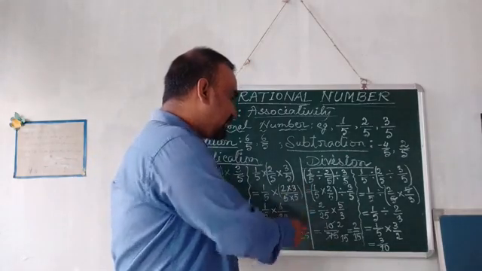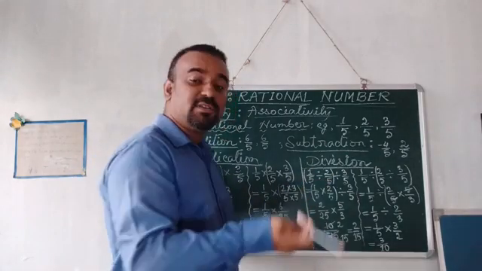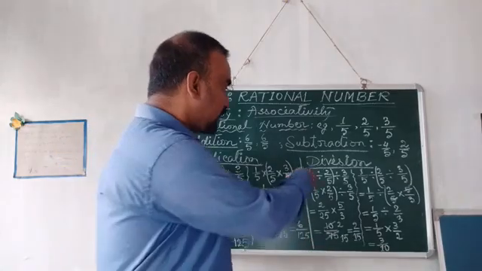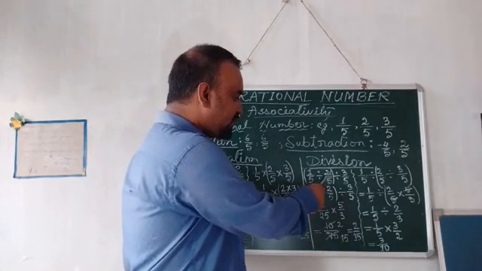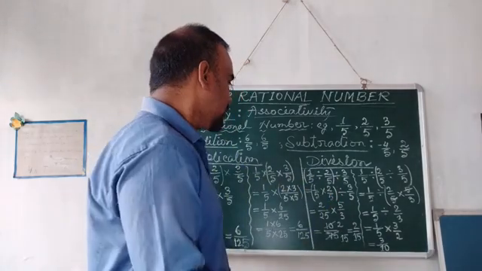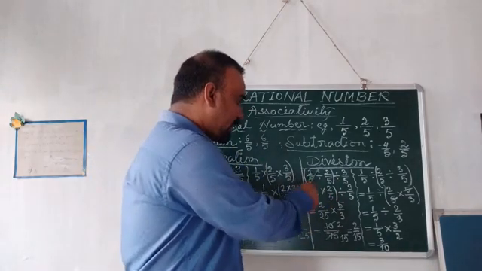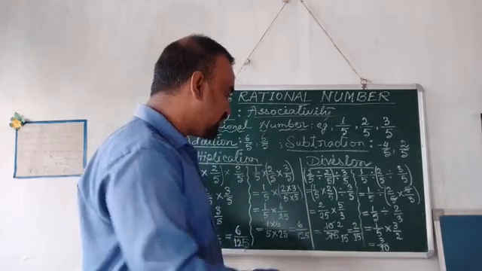So the three examples are 1 by 5, 2 by 5 and 3 by 5. As usual, we will have to divide. So 1 by 5 divided by 2 by 5 divided by 3 by 5. We'll put the bracket for 1 by 5 and 2 by 5. That means we will solve it first.